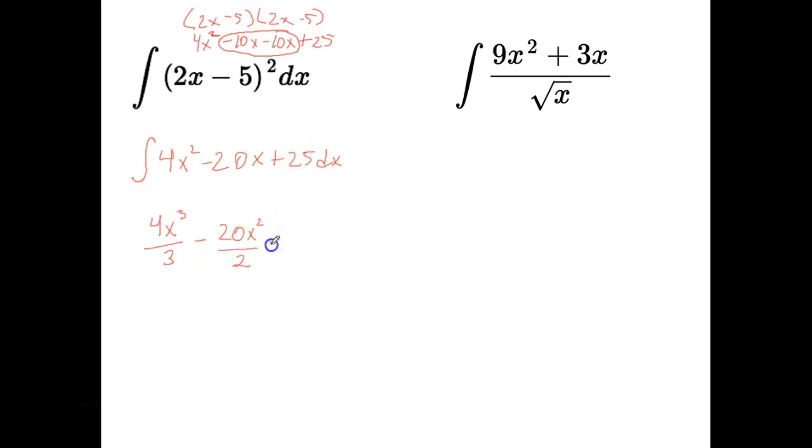Okay, my last term here, plus 25, I just need to give it an x. And don't forget your constant. Okay, and that's my answer. This one you can simplify to 10x squared, and that's about as much as you can do, okay? So this, the most simplified version would be this right here.